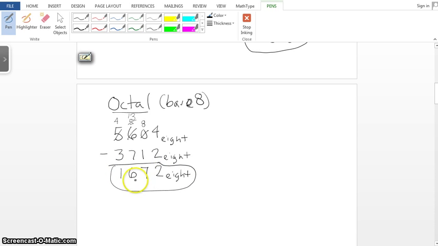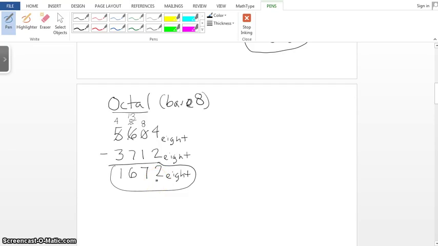So if you have a digit that's 8 or more down here, then you know you did something wrong.